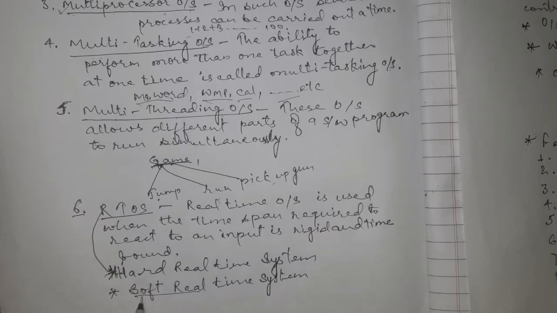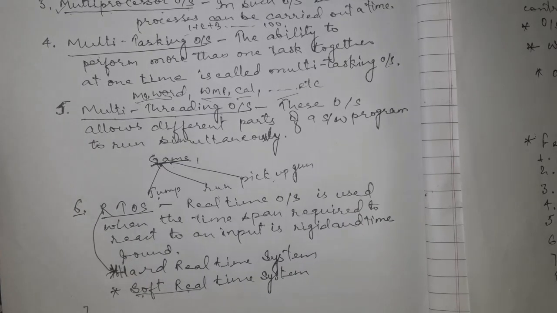That is why it is called a soft real time system. That's all you have to know in the types of operating system. Let's see one more, that is the distributed operating system.